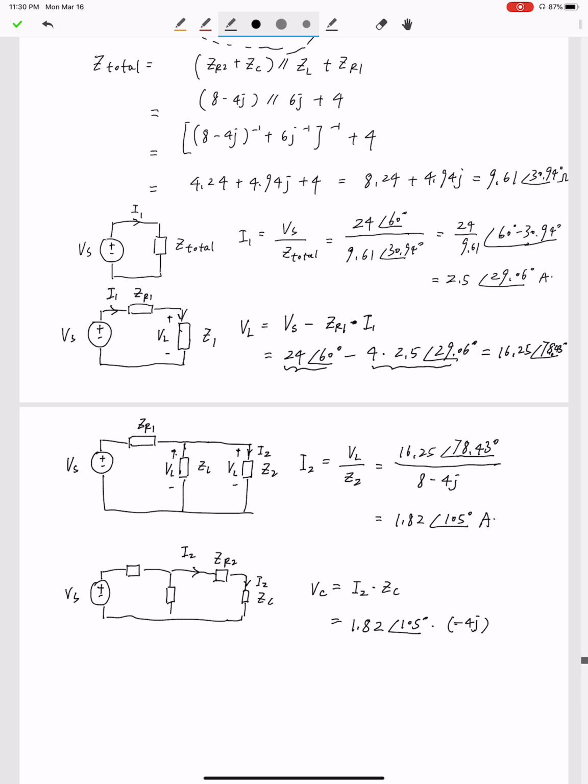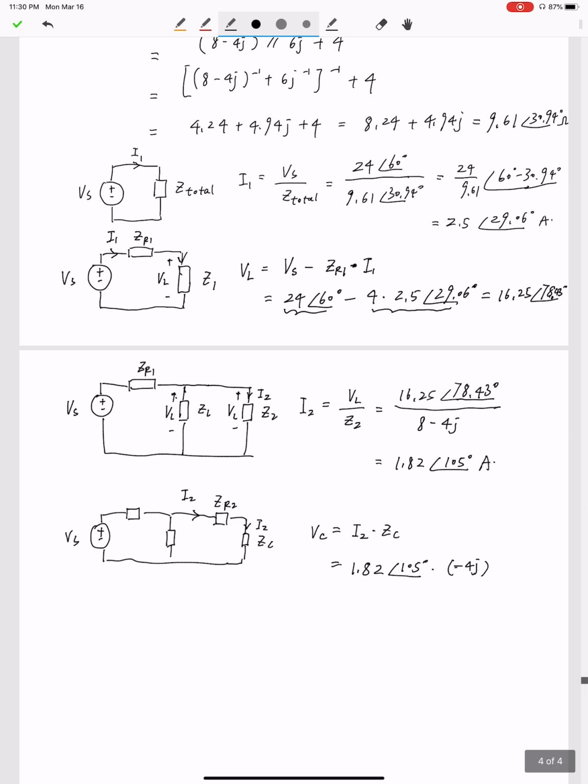When you do the multiplication, you can convert minus 4j ohms to 4∠-90 degrees. By doing multiplication, that would be 1.82 times 4, which equals 7.28, and we sum the phase angles together, and the phase angle is 15 degrees. Unit is volt.